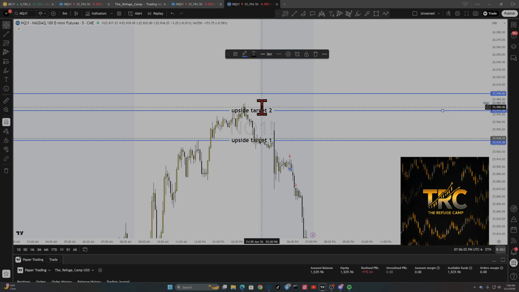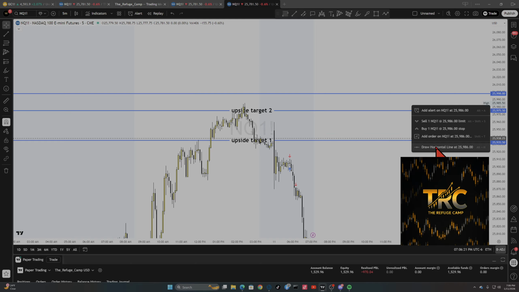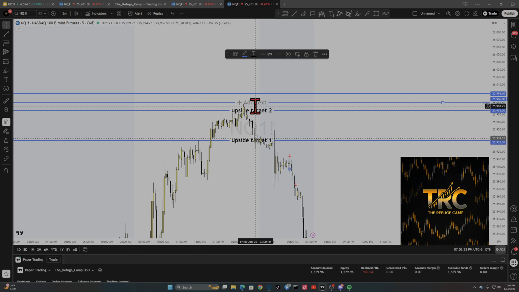So next target on top of that, I'd want to see that price getting swept. So that price right here, the high is 985.50. So I want to see 986 or 990. But for this purpose, we're going to just choose 986 because we need to see a sweep of that high.